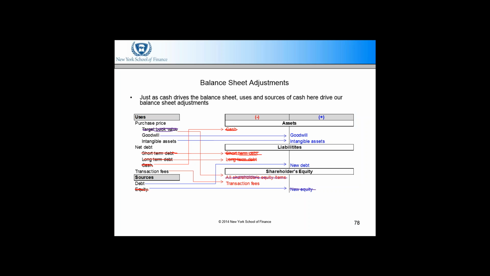Gone. We put that on. We added that. Debt, we added. Goodwill, we added. Intangible assets, we added.